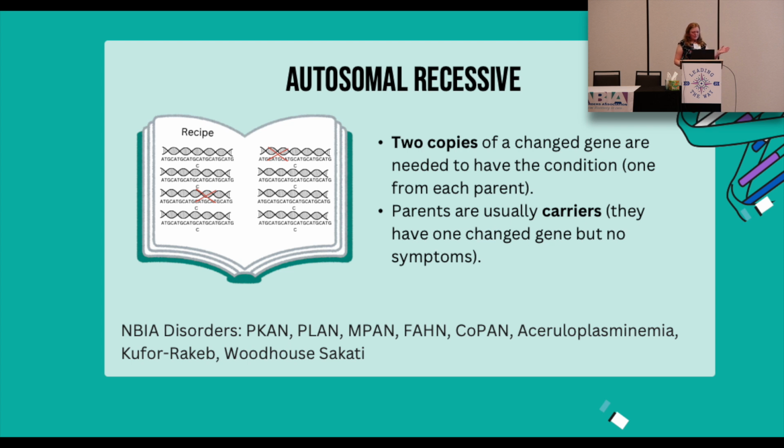And so 50% from mom, 50% from dad, you multiply that together and it's a 25% chance for each pregnancy to be affected, which is why there could be some unaffected siblings.